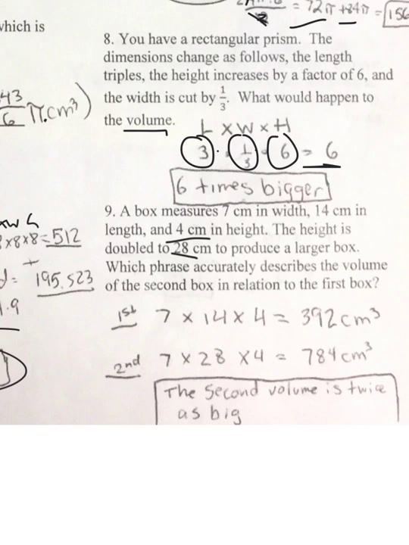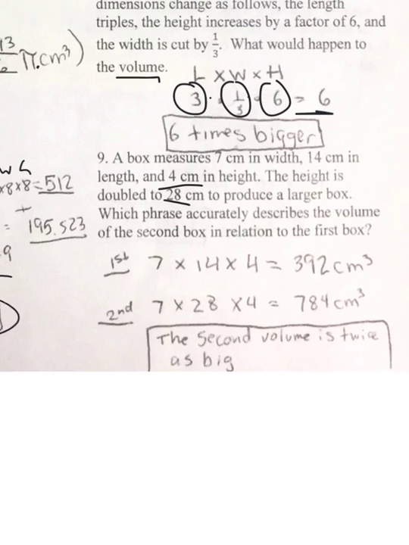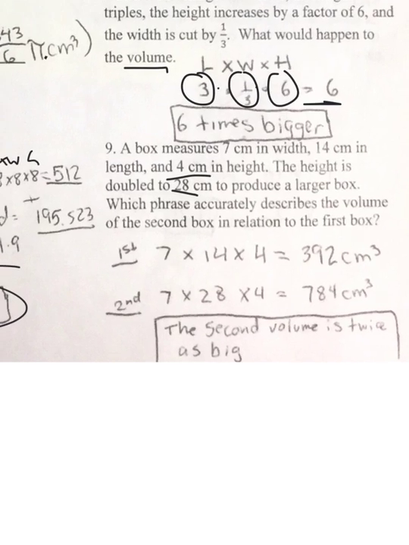If you decide to double the height the way it says, and I'll write it over here on the bottom, that would mean that the width is still 7, the length is 14, so that stays the same, but this becomes 8.